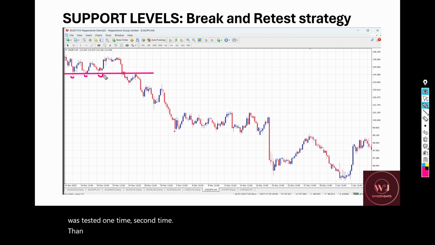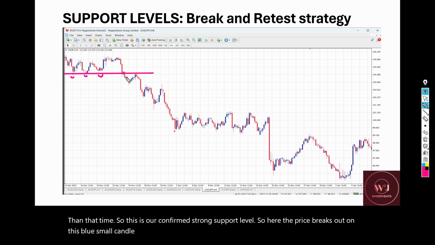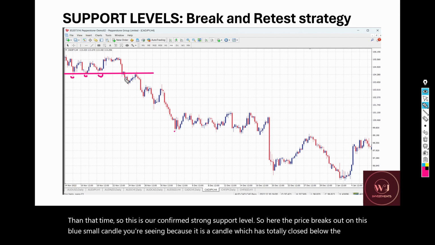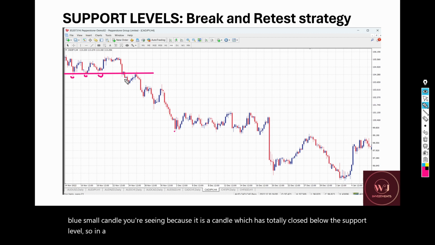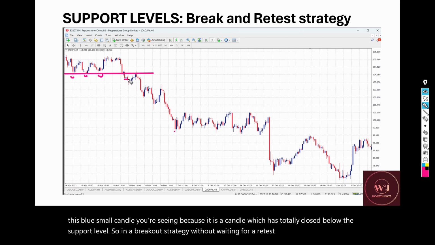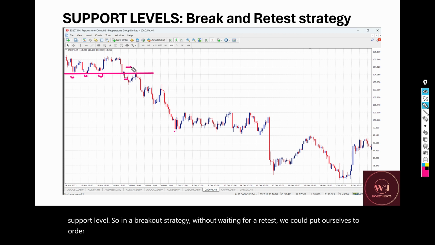So this is a confirmed strong support level. Here the price breaks out on this small blue candle you're seeing, because it is a candle which has totally closed below the support level. So in a breakout strategy, without waiting for a retest, we could put our sell stop order here. Stop loss is 1.5 of the ATR, and then wait to catch a big wave down because it was a very strong support level.